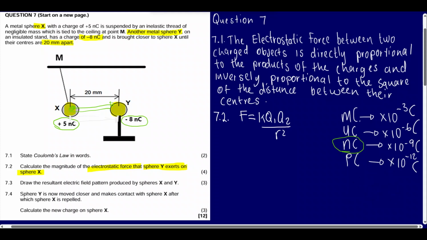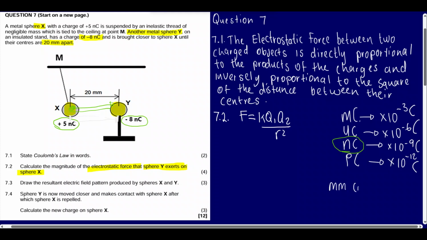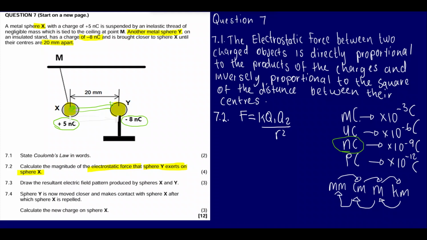And remember, another hint that I can give you, I'll just erase this for now. When it comes to conversions, you must memorize mm, cm, m, and km, right? So you must know how to convert between each and every single unit that is here. You must know how to play around with this, right?